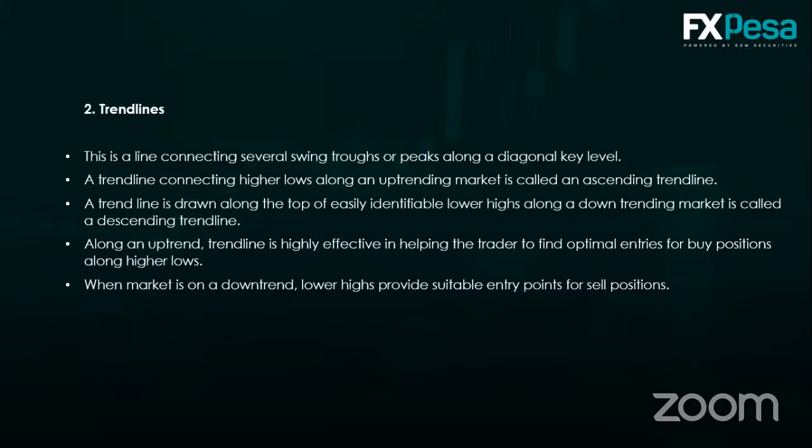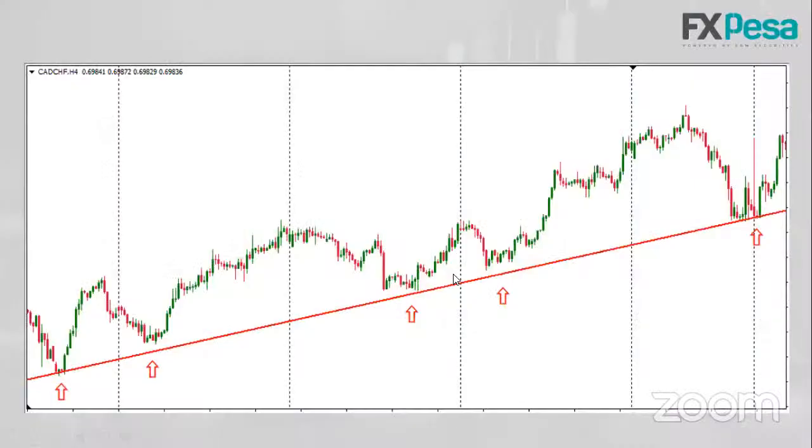A trend line connecting higher lows along an uptrending market is called an ascending trend line. A trend line drawn along the top of easily identifiable lower highs along a downtrending market is called a descending trend line.